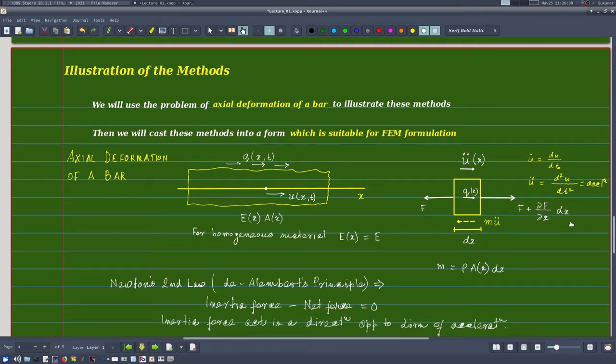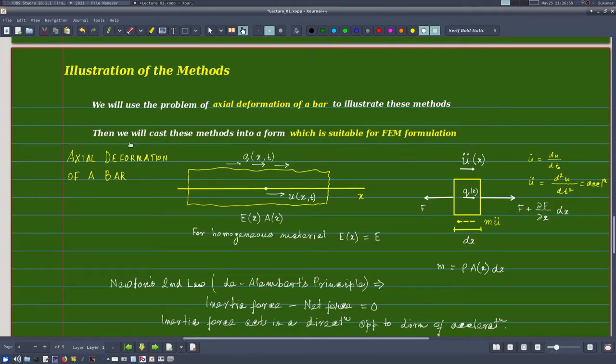To illustrate all this, we will take up a very simple problem of axial deformation of a bar. We are taking a one-dimensional problem so that the method remains easier to understand and the fundamentals become clear.